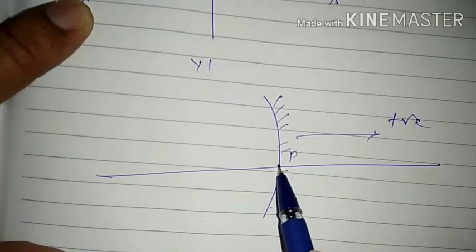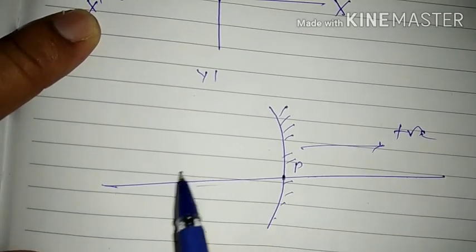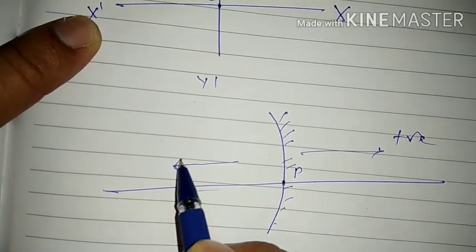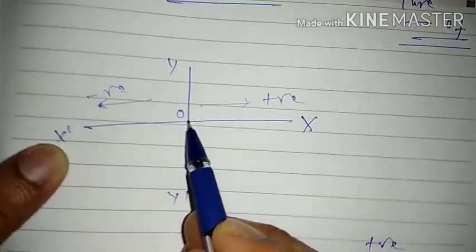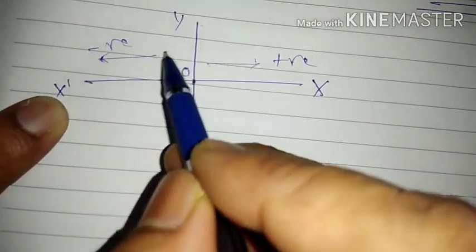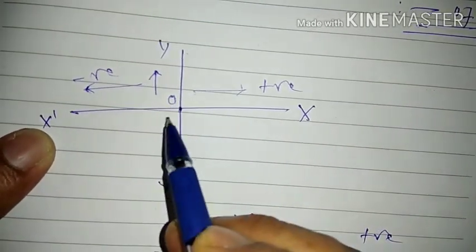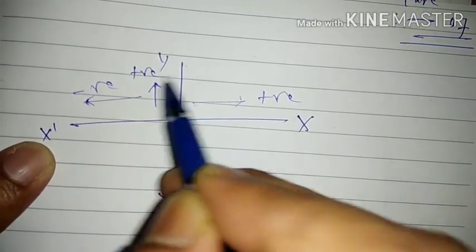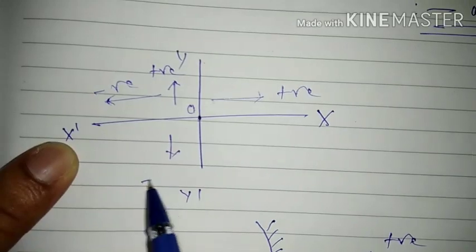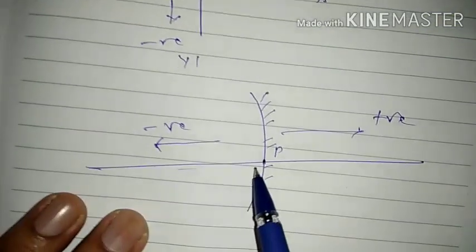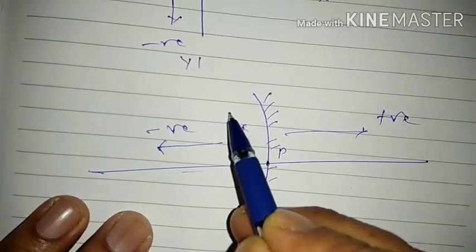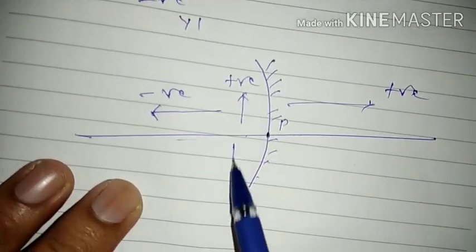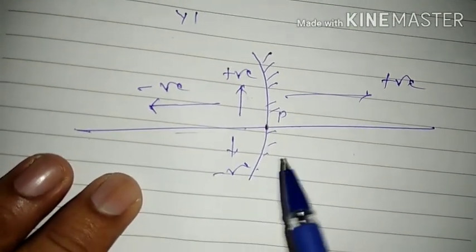So here the distances measured parallel to the principal axis and left of the pole will be negative. The distances measured perpendicular to the x-axis and above it are positive and below it are negative. Similarly, distances measured above the principal axis will be positive and below it will be negative.